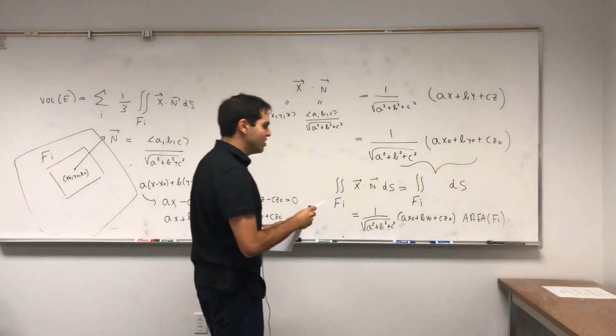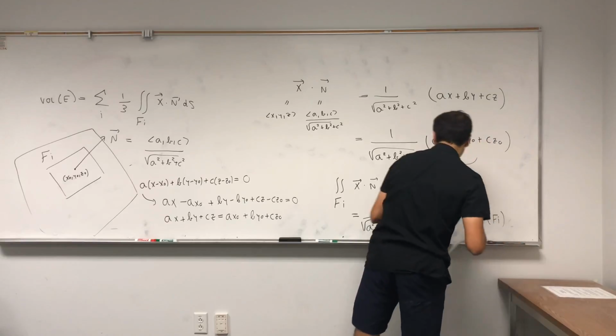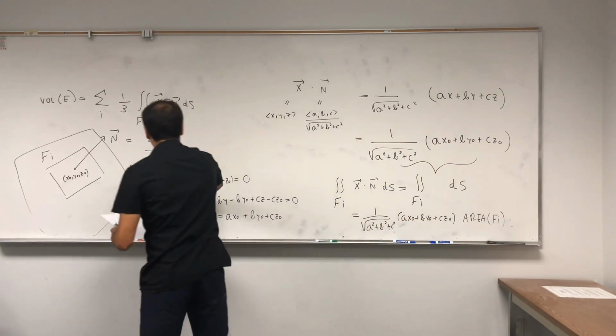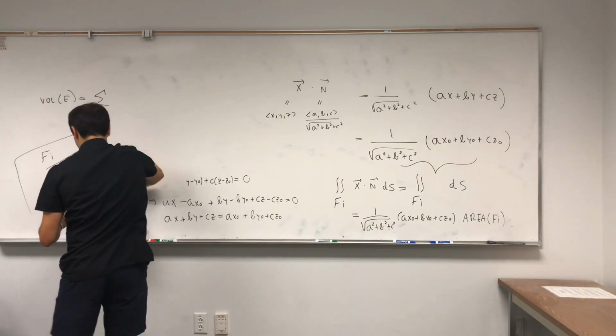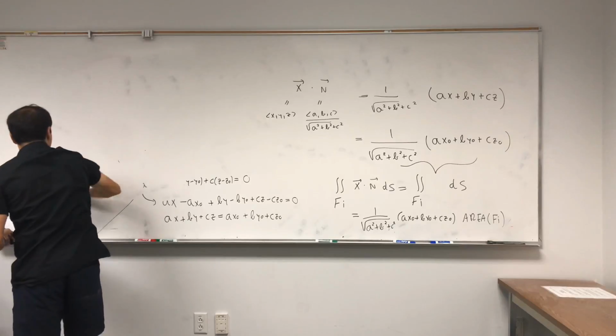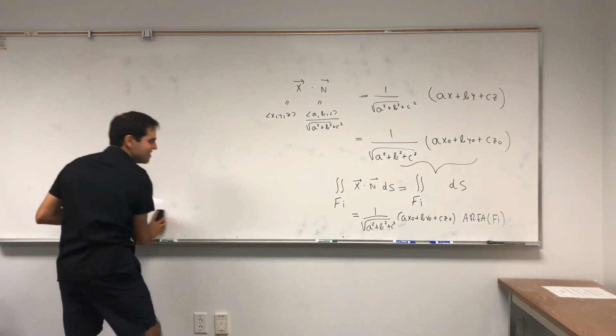And we can just rewrite this a little bit more, and then I'll summarize. Because ideally we like to write this without a, b, and c.